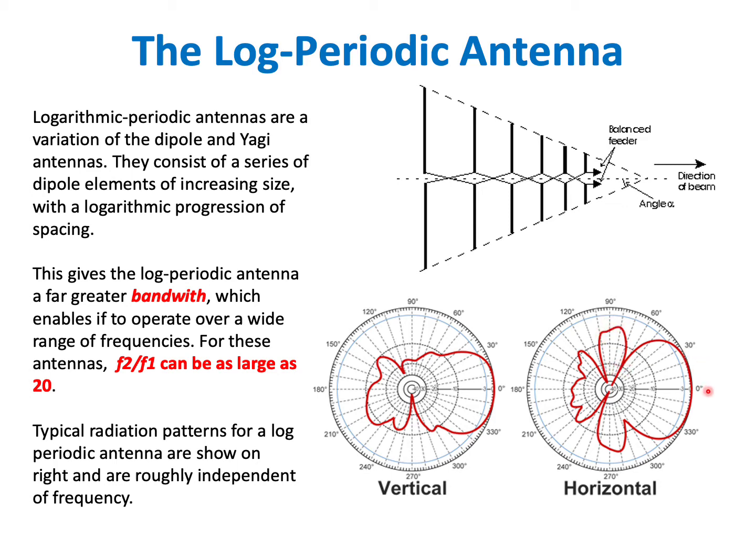So what this means is something, say, over here at 30 degrees would be received quite well by a log periodic. But if you're pointing at something, you probably want to see what you're pointing at and not something 30 degrees away. So in that case, you wouldn't want to use a log periodic. And also side lobes, which we'll get into more in depth later, they're quite big, which means you're also relatively sensitive to something 90 degrees away from where you're pointing.